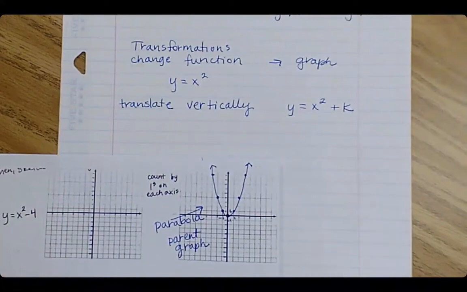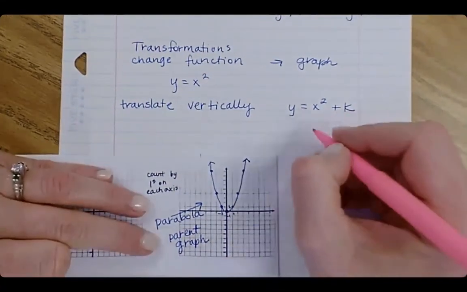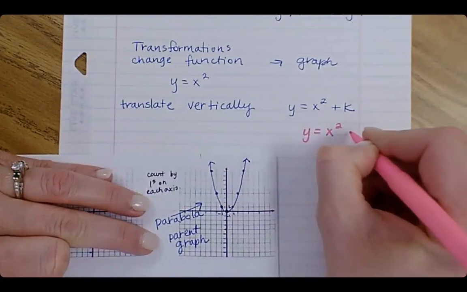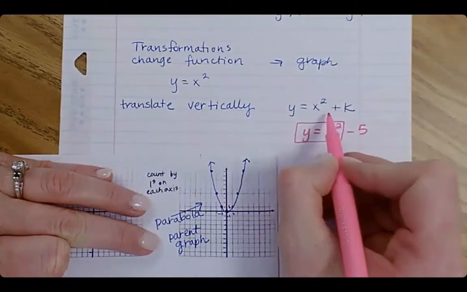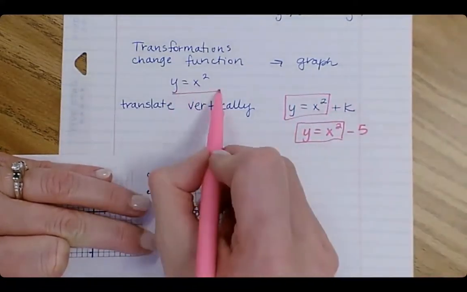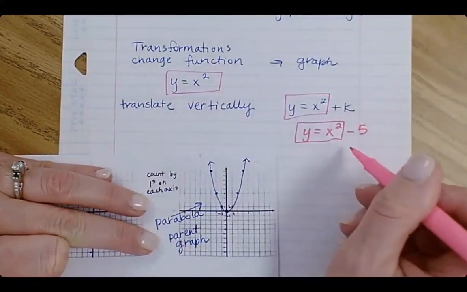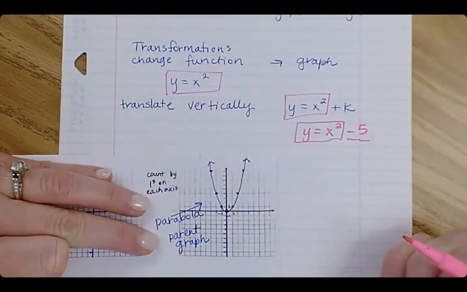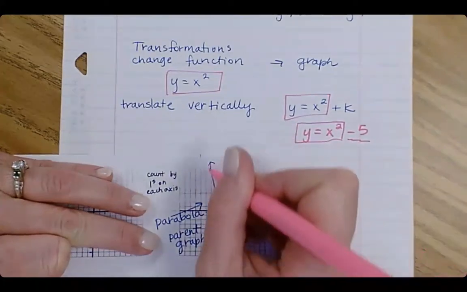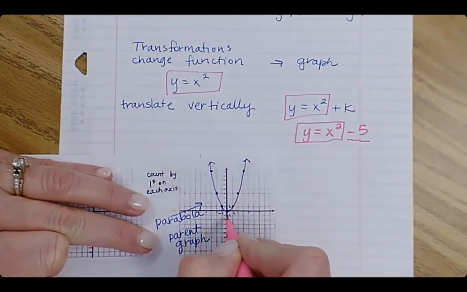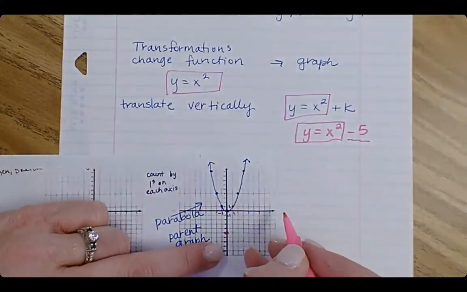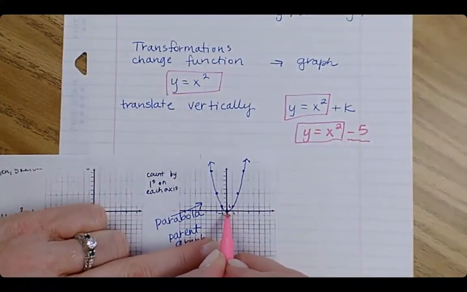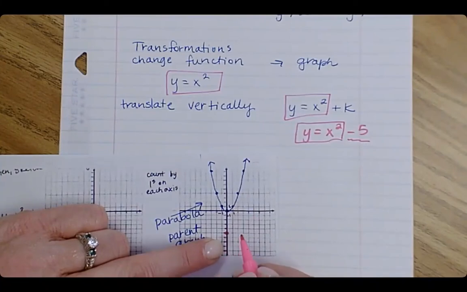For example, if I want to talk about y equals x squared minus 5, this is identical to the parent. The negative 5 translates the exact shape of the parent down 5. 1, 2, 3, 4, 5. So instead of having the vertex, this point at the origin, I now have it at the point 0, negative 5.